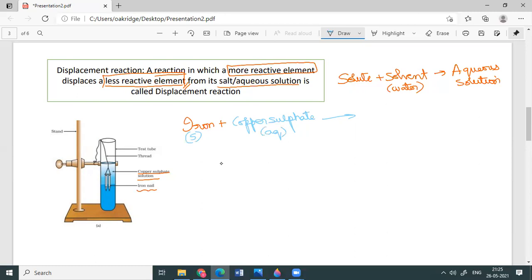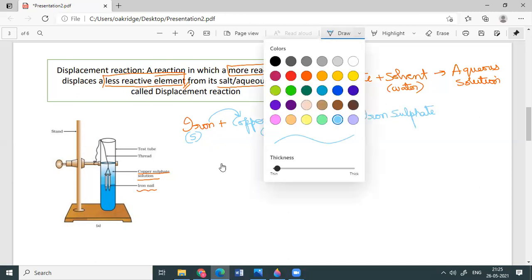Slowly, when you just leave it for some 10 or 15 minutes, you'll see that iron, being more reactive than copper, will just go and push the copper out. It will tell, hey, I'm more reactive than you, so just move out. So iron sulfate will be formed, children. Iron sulfate is actually pale green in color.